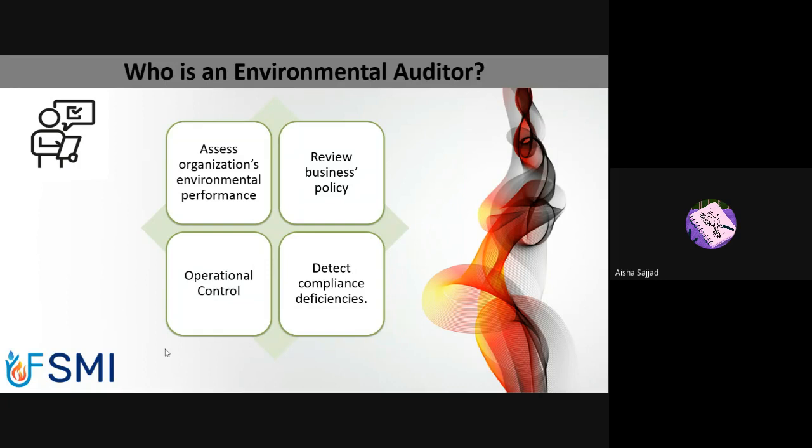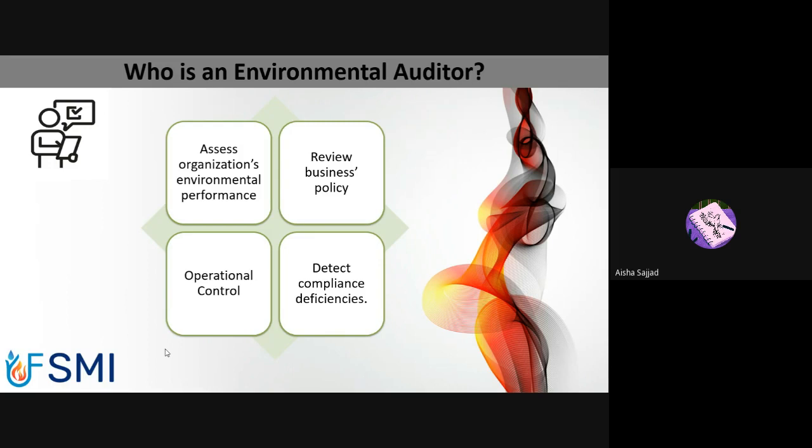And then, just like you said, we also want to criticize an organization. This is where we will be doing that. The environmental auditor is sitting over there, and is basically an independent body. He is not under any sort of pressure, and he can point out mistakes. He can mark deficiencies.